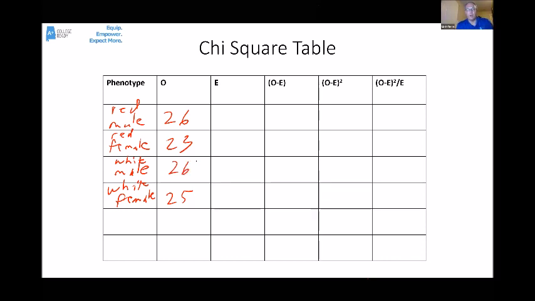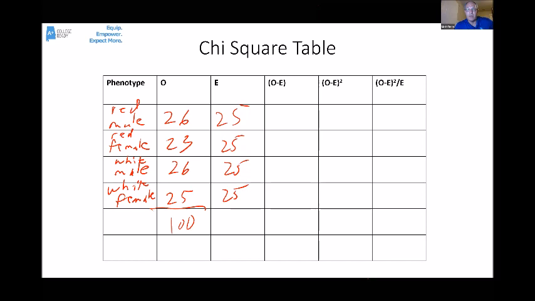And again, typically what we would do is we would add these numbers up. And if you add those up, you get 100. And then to get those expected values, we multiply by the fractions from our Punnett square. Our F2 Punnett square said we ought to get 1/4 of each of these. 1/4 of the total, 1/4 of 100 gives us 25, 25, 25, and 25. And then we fill in our table, just like we did before.